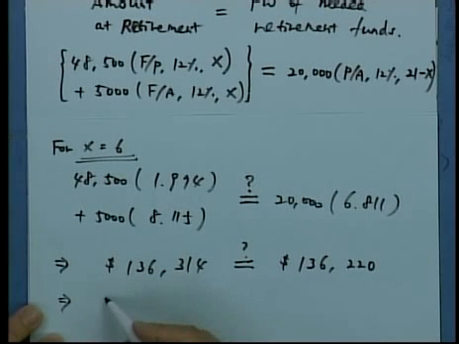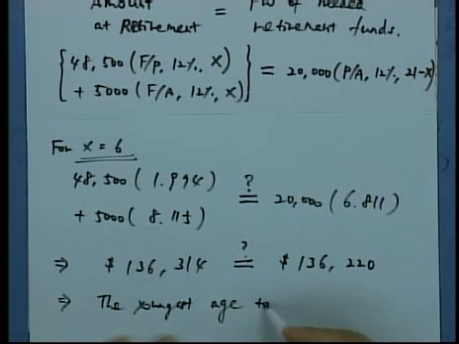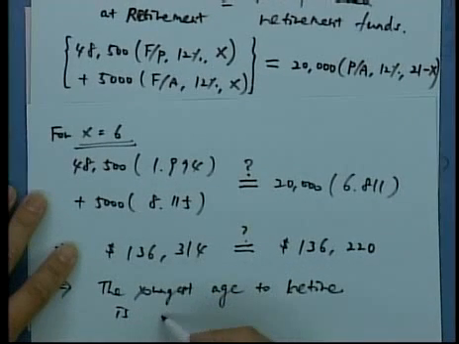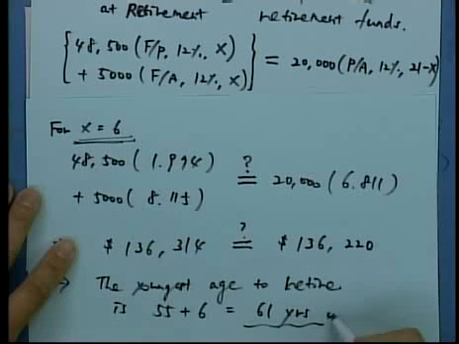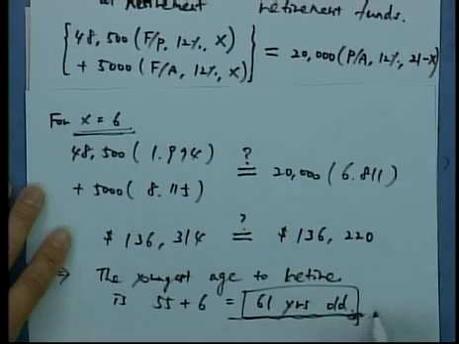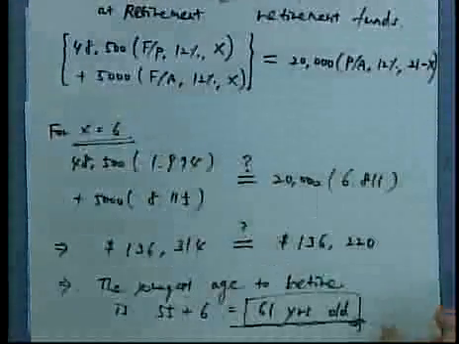So the youngest age to retire is 55 years plus 6 years, which means 61 years old. Okay, so that would be the final answer for problem 9-16.